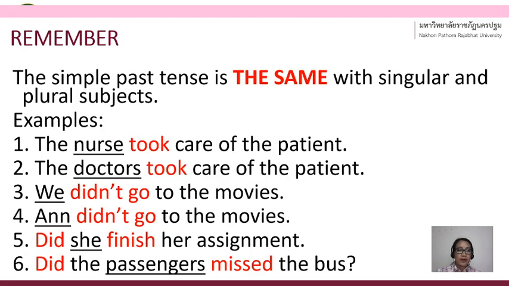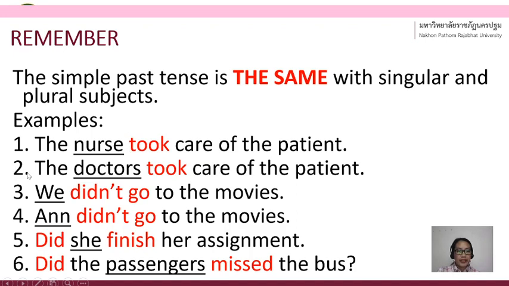So always remember the simple past tense is the same with singular and plural subjects. Examples. Number 1, the nurse took care of the patient. Nurse is the subject, and took is the irregular form of the verb. The nurse is singular.